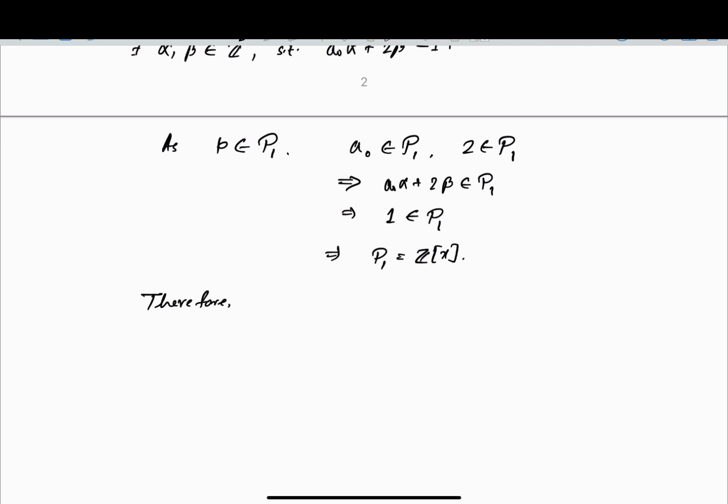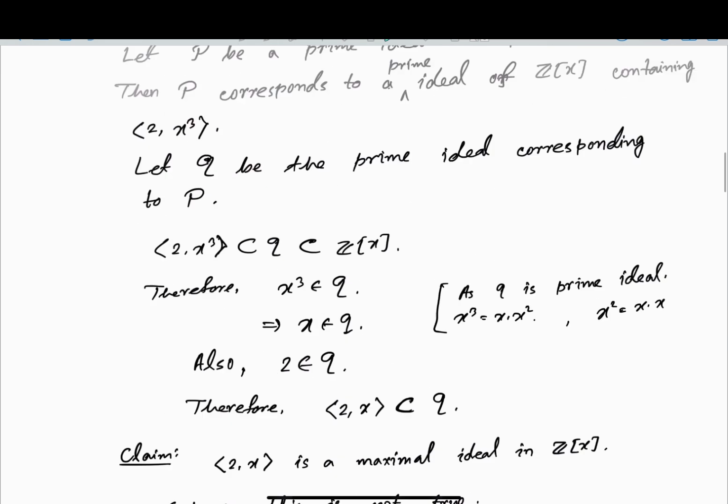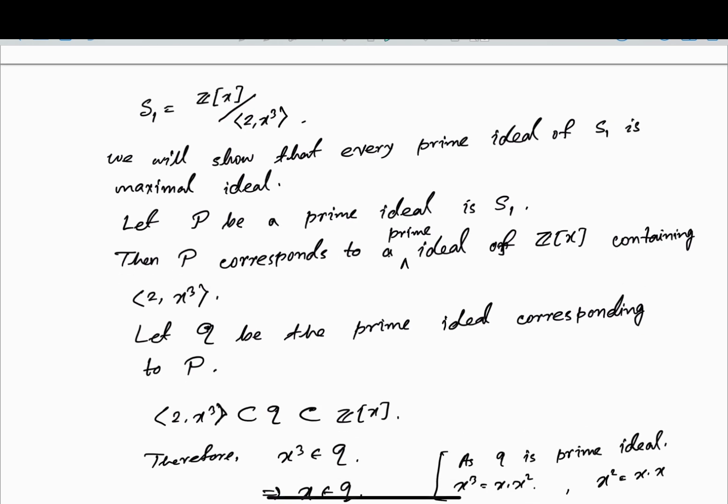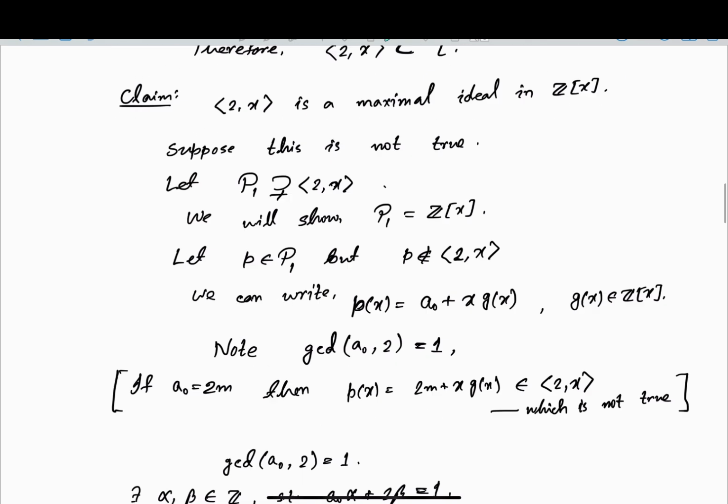Therefore (2, x) is a maximal ideal in Z[x]. So what we will then get: as we have (2, x) contained in Q and (2, x) is a maximal ideal, so (2, x) must be Q, because Q is the corresponding ideal we have taken which contains (2, x^3) in Z[x], and it is of course proper.